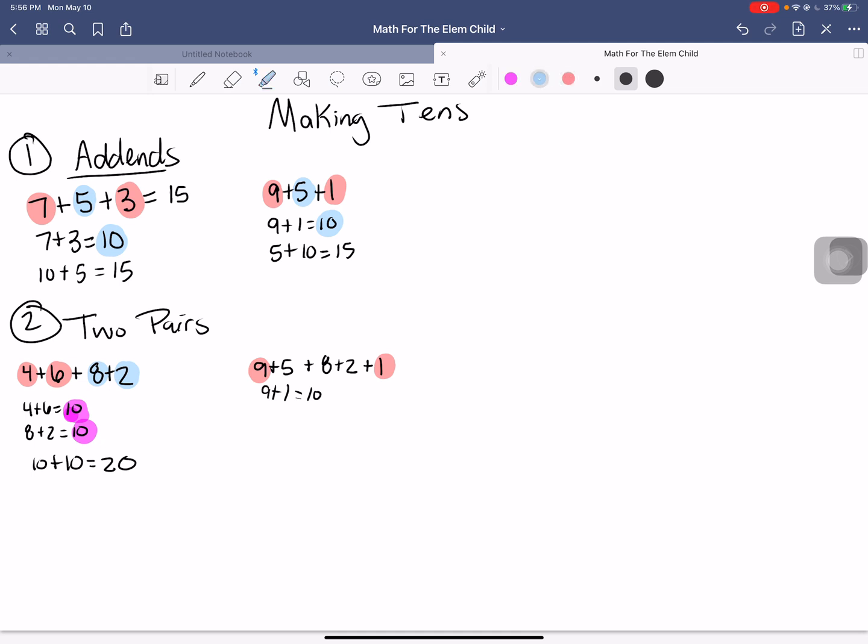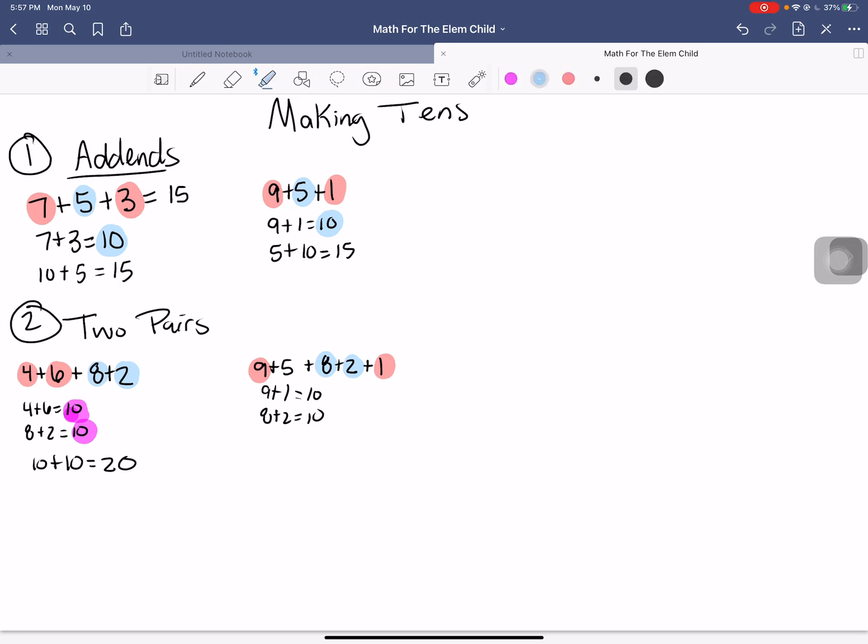And then 8 plus 2, easy, just because we already know 8 plus 2 is 10. If we were to put the 5 and the 2 together, that wouldn't really be a friendly number. And then the 5 and the 8 also wouldn't be a friendly number. So you want anything that ends in 0, like I said earlier.